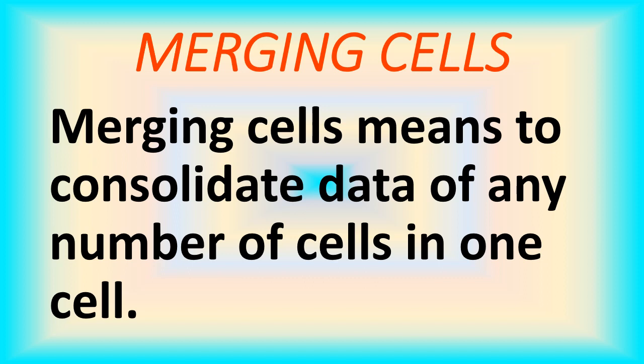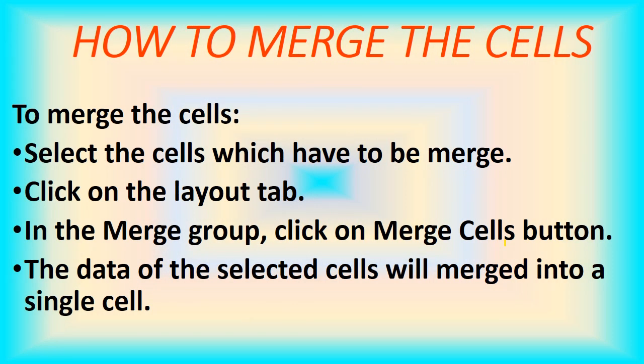It means there are two or more than two cells and you want to combine them, you want to merge them in a single cell. It can be two or it can be more than two cells, and we will merge them into a single cell.